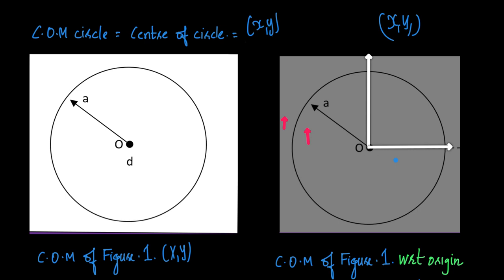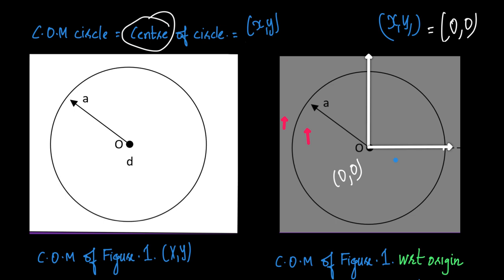The origin according to this question is placed like this: x-axis, y-axis, and the origin 0 comma 0 overlaps with the center of the circle. Therefore x1 comma y1 will be equal to 0 comma 0.